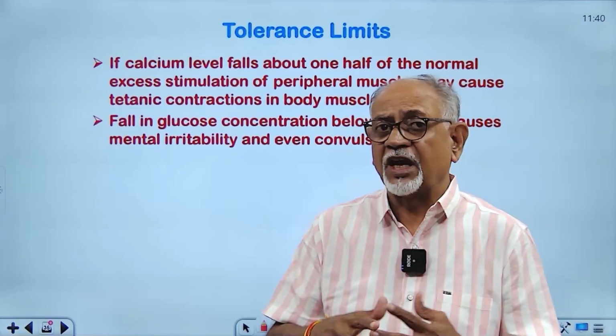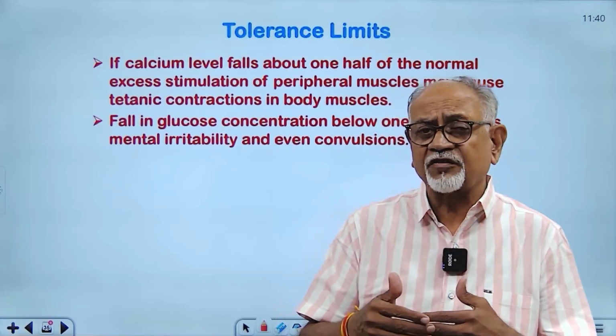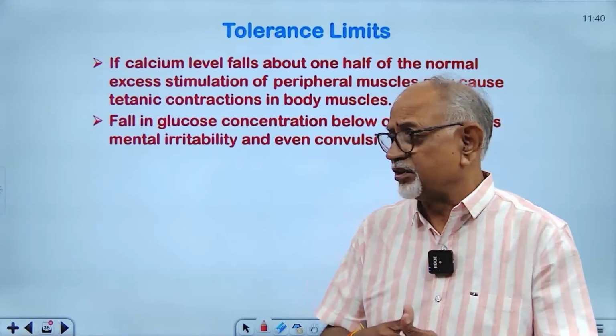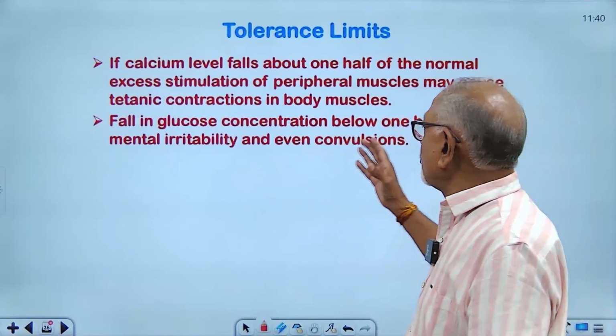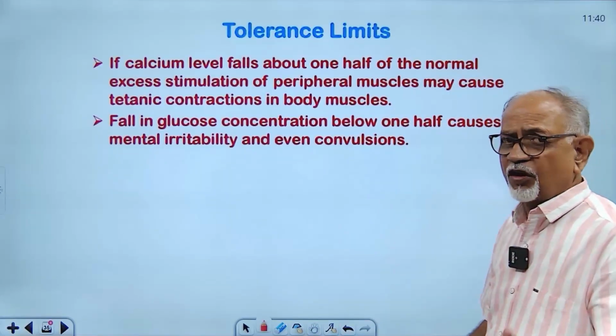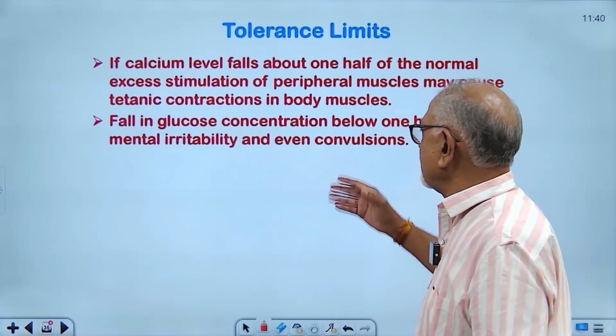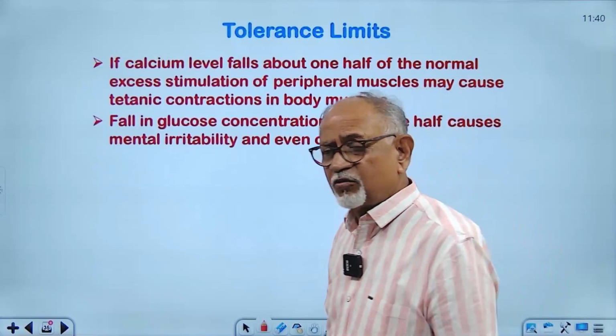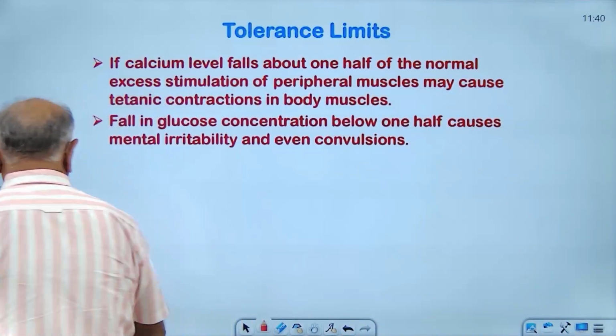It doesn't relax, and if it doesn't relax, then it will not contract any further. A fall in glucose concentration below half can cause mental irritability and it can even cause convulsions.